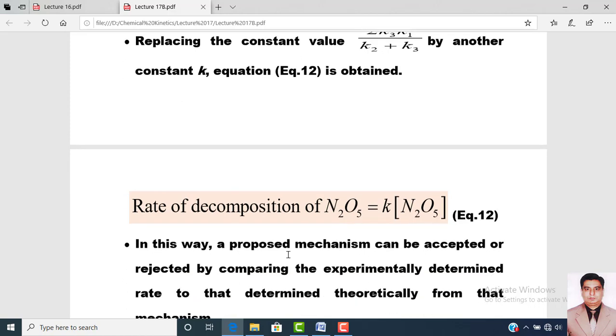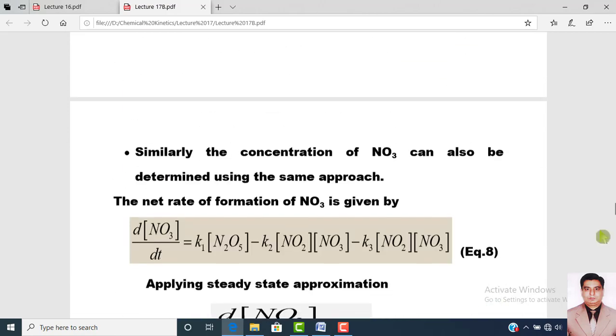So according to equation number 12, the rate of decomposition of N2O5 is equal to rate constant K into N2O5. Dear students, if you remember this equation number 12 that we have derived here after using different mathematical steps, this is the same that has been proposed in the equation number 1.